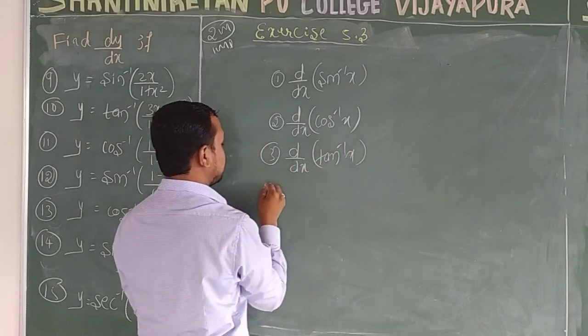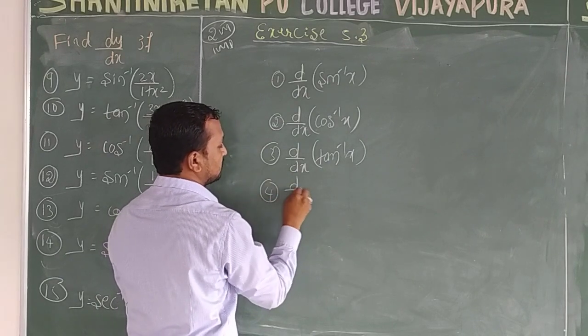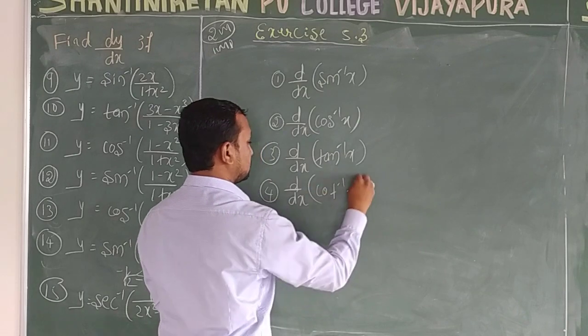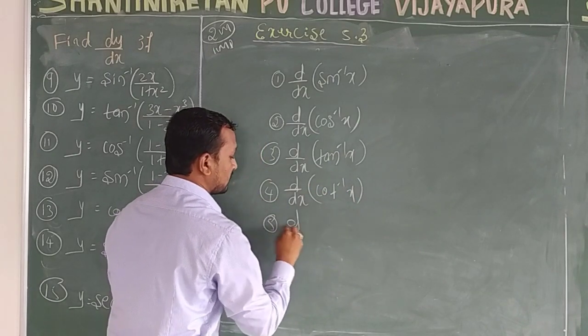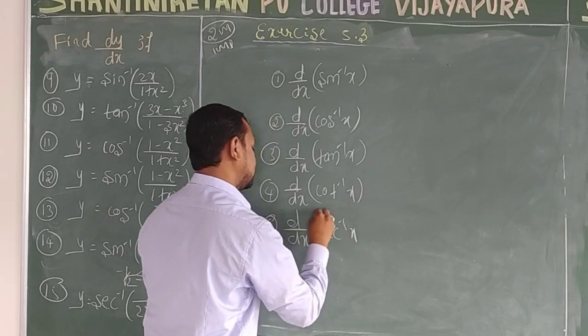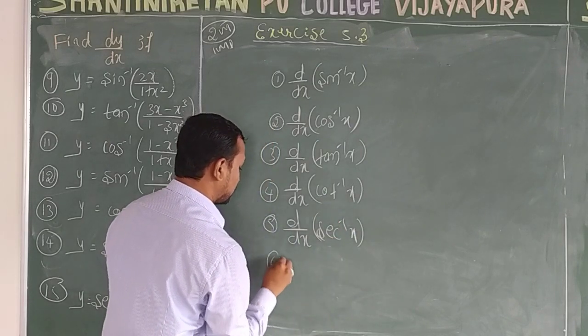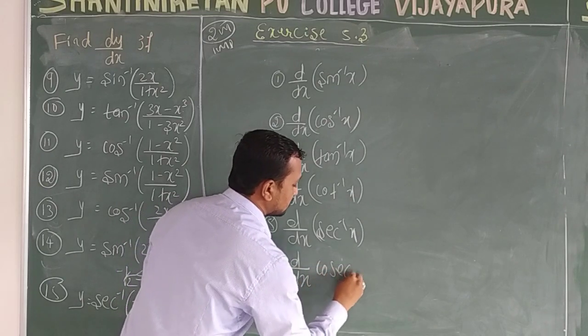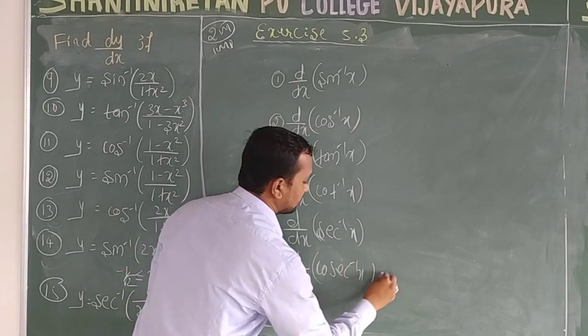Fourth one, d by dx of cot inverse of x. Fifth one, d by dx of sec inverse of x, and the last, sixth one, d by dx of cosec inverse of x.